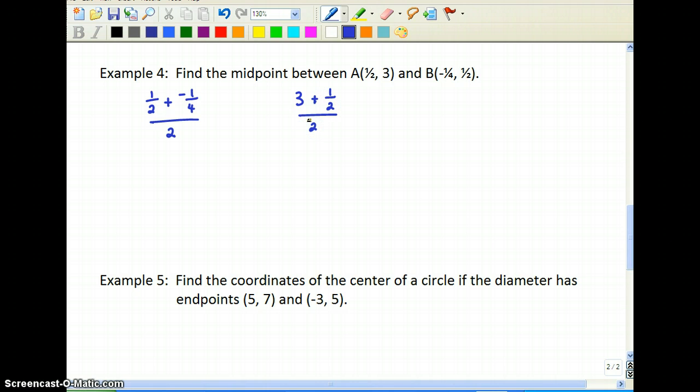So I would just use the calculator. And you get 1/8 and 1 3/4 for your midpoint.